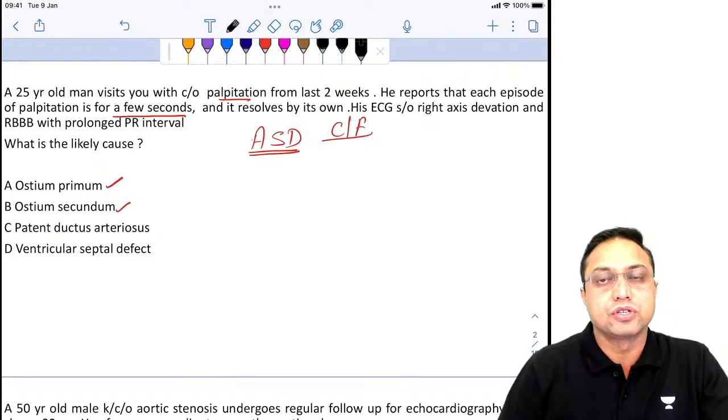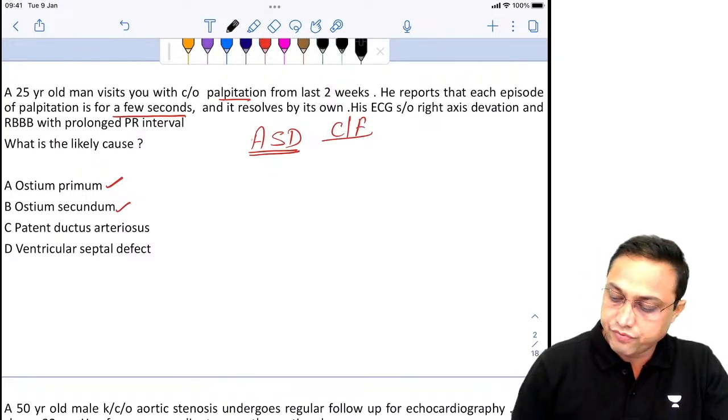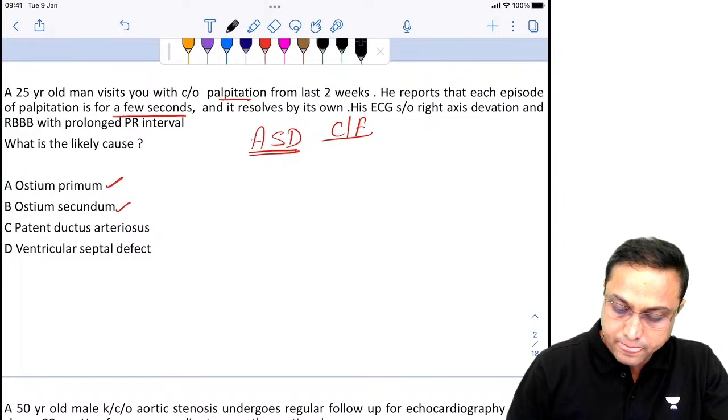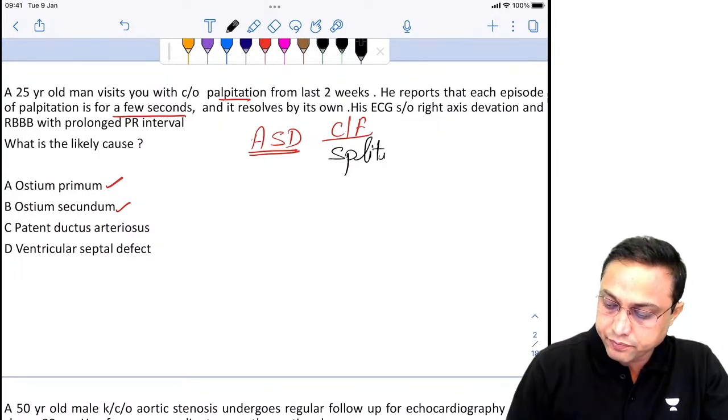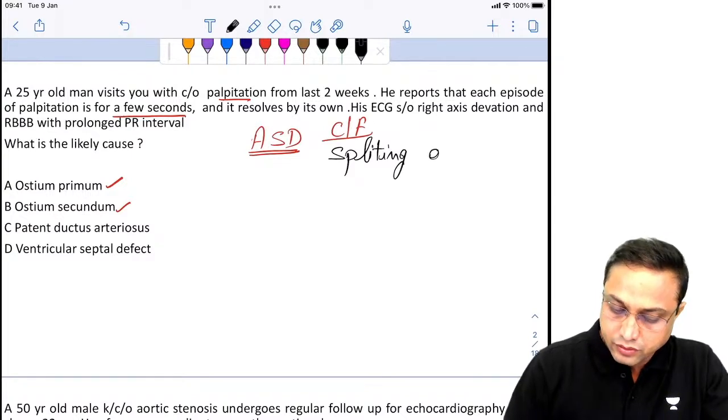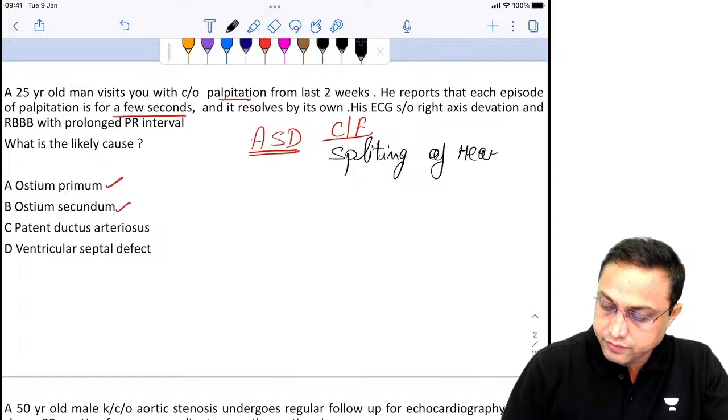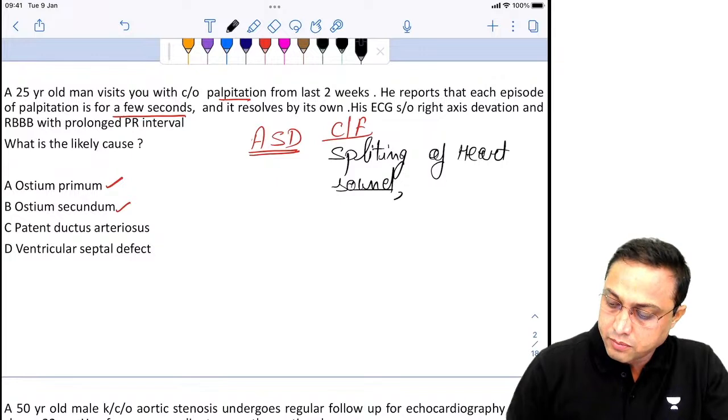The clinical features of the ASD first include a fixed splitting of the heart sound. Particularly there is a loud P2.